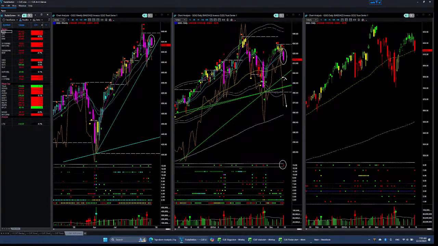QQQ trendline support is also some distance away. It is more likely that price will come down from here, maybe not immediately on Monday, but in the next couple of days or weeks, than going up. That is my inference.